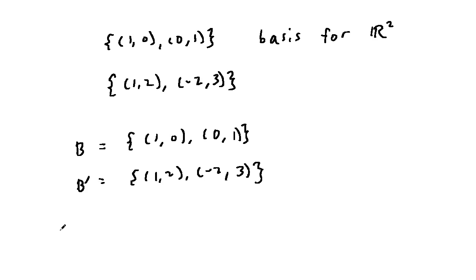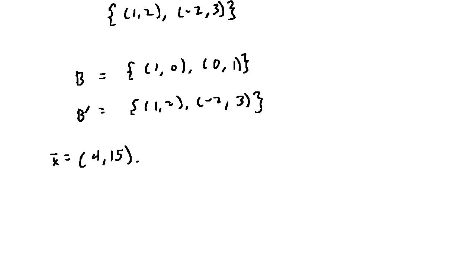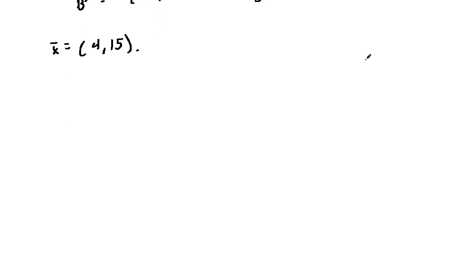For example, let X be given by 4, 15. 4, 15 can be written as 4 times (1,0) plus 15 times (0,1).